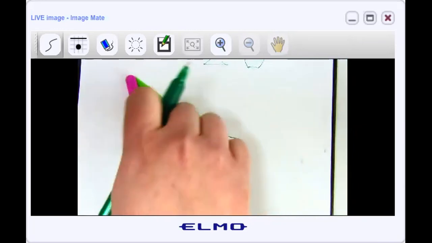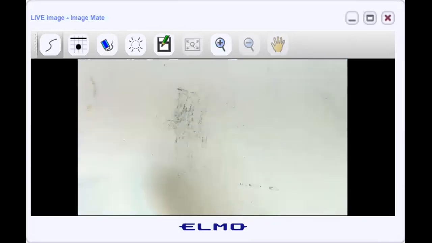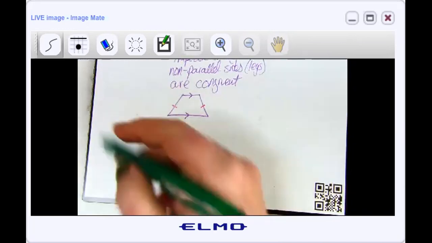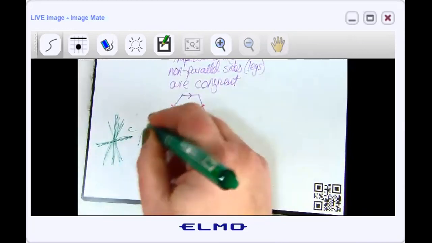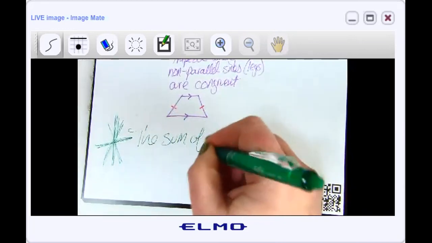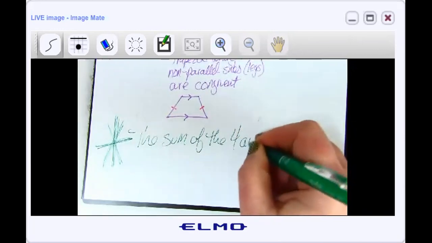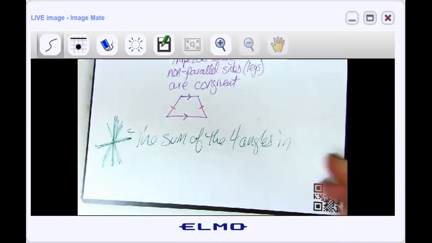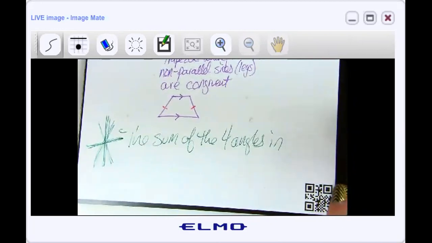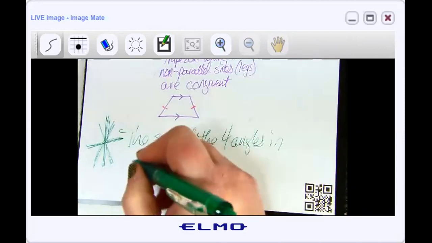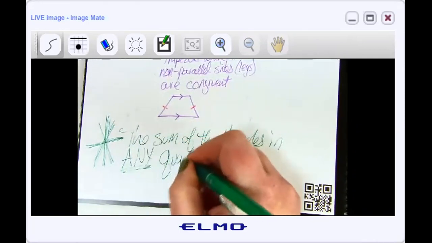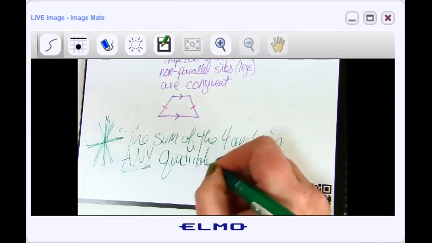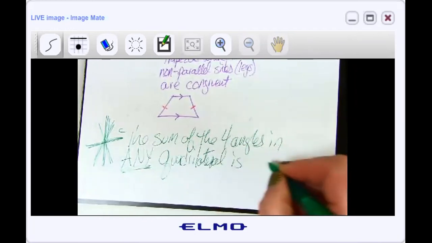So the big takeaway from this, somewhere in your notes, put a big old star. This is so important. The sum of the four angles in any quadrilateral, so it doesn't matter if it's a parallelogram, a kite, trapezoid, who cares, the sum of the four angles in any quadrilateral is 360 degrees.